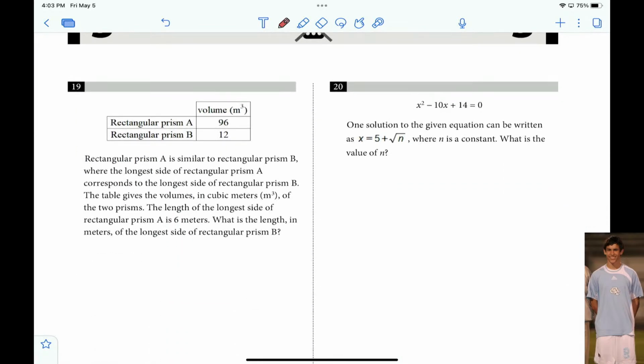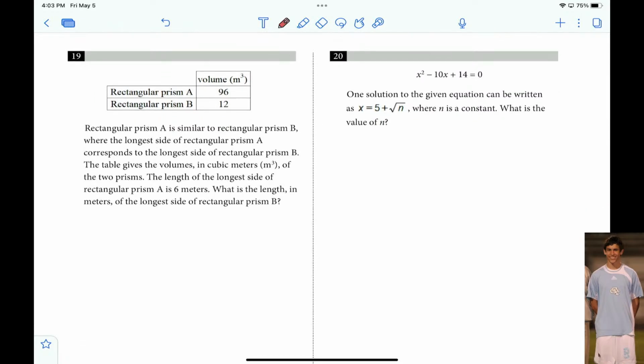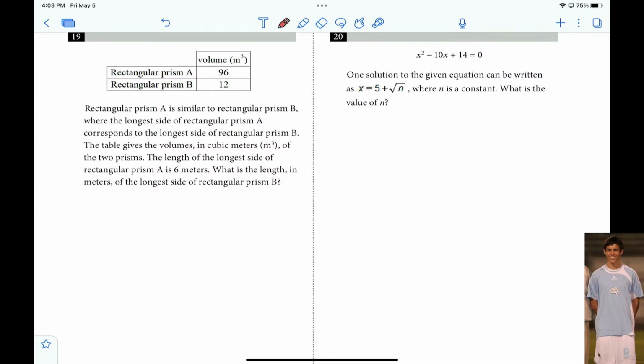So number 19 is a very hard problem. Number 19 is probably up there for one of the hardest problems on any of these tests. So this question says rectangular prism A is similar to rectangular prism B. So the fact that they told us these two prisms, rectangular prisms, which are just boxes, are similar means that they have the same angles, but then their sides are maybe proportional.